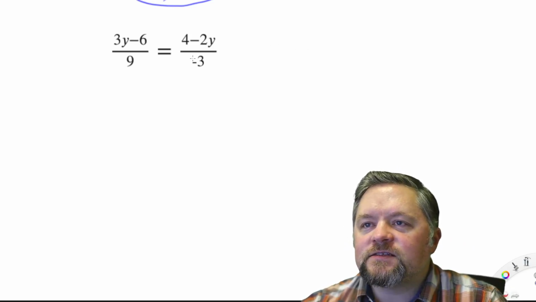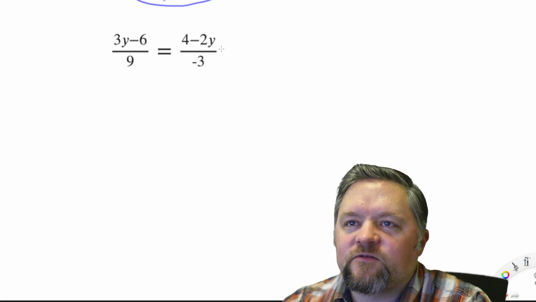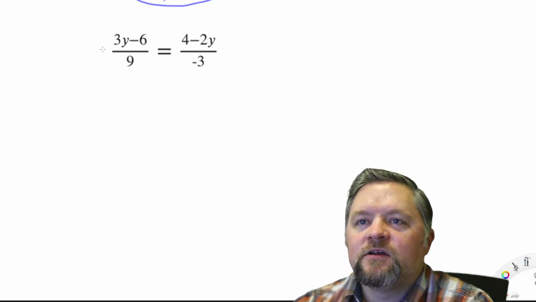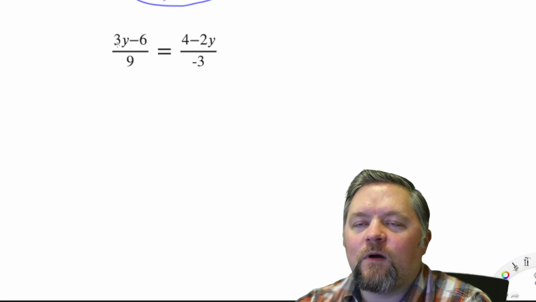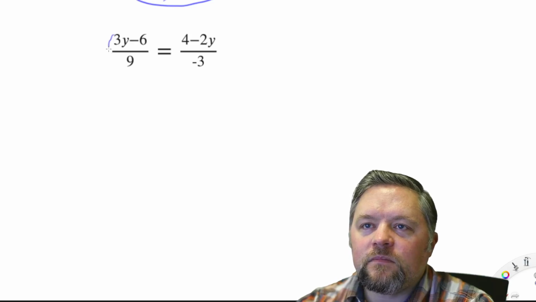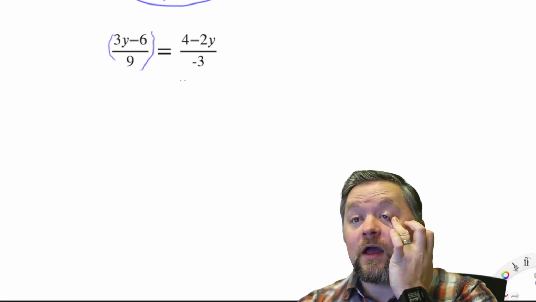Okay, we have these 9 and 3 on the bottom. I don't much care for those numbers on the bottom. So let's multiply by something that will make them go away. What do we want to multiply by that will make them go away?